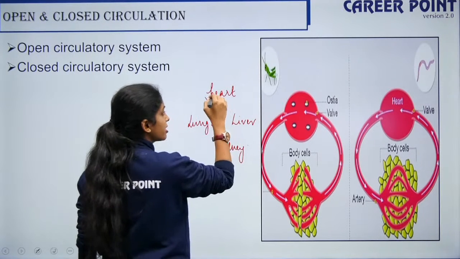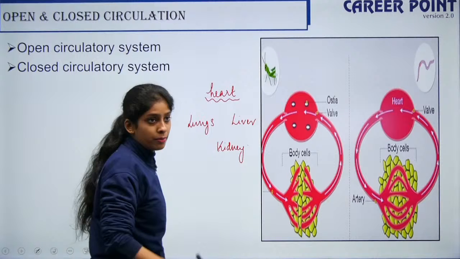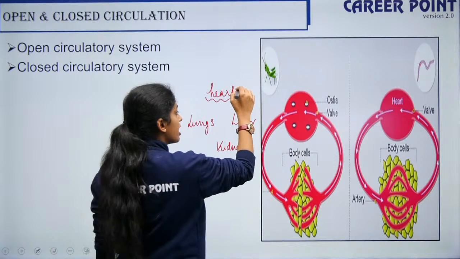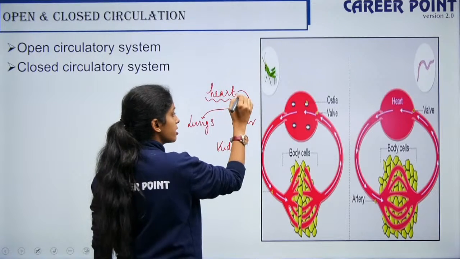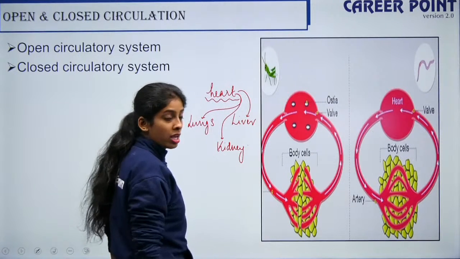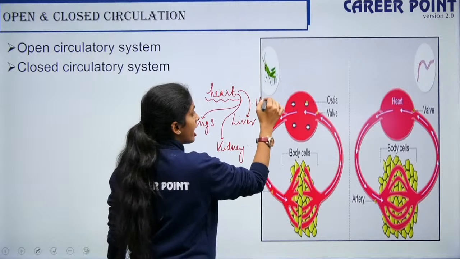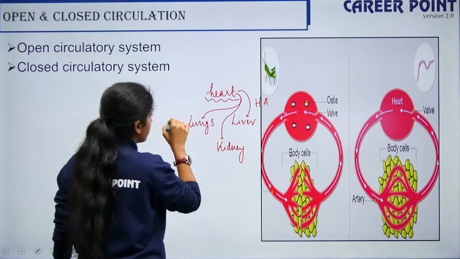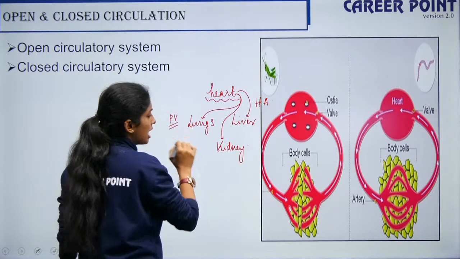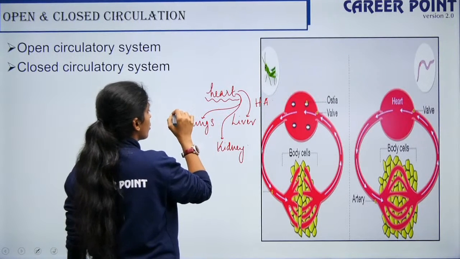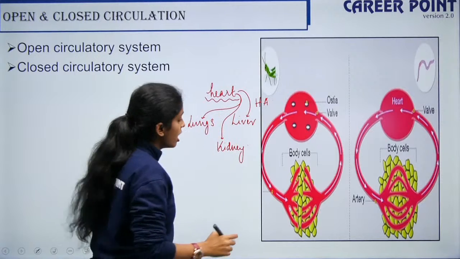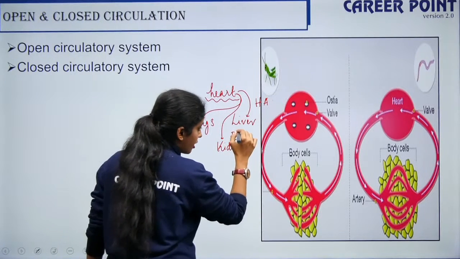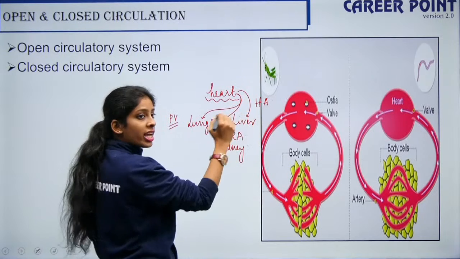So the heart pumps oxygenated blood, and from the heart it separately goes to the liver, separately to the lungs, and separately to the kidney. This is through the hepatic artery. Sorry, from the lungs it goes to the heart through the pulmonary vein. Again, this is the renal artery, right? To each organ it moves separately.